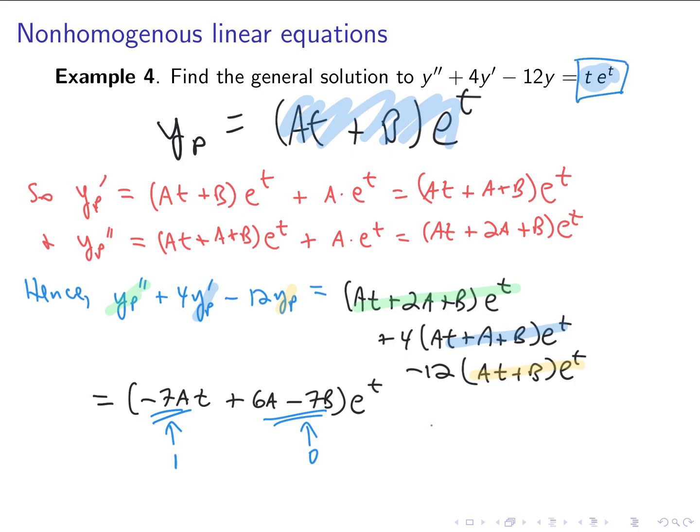And so my equations are minus 7a equals 1, and then 6a minus 7b equals 0. And I can determine that a is minus 1/7, and then b is something over 49. So 6a is 7b, so I guess b is minus 6 over 49.